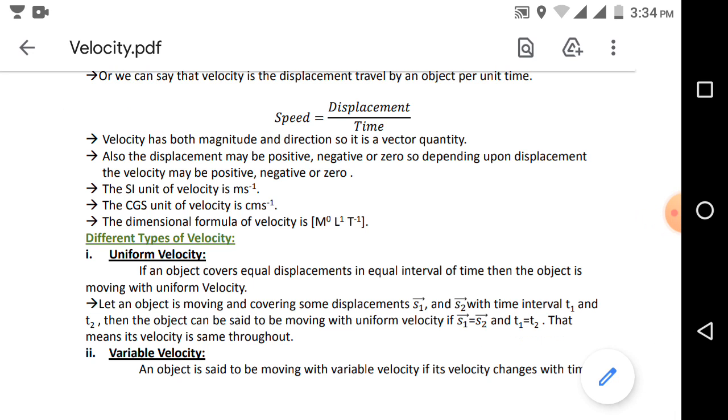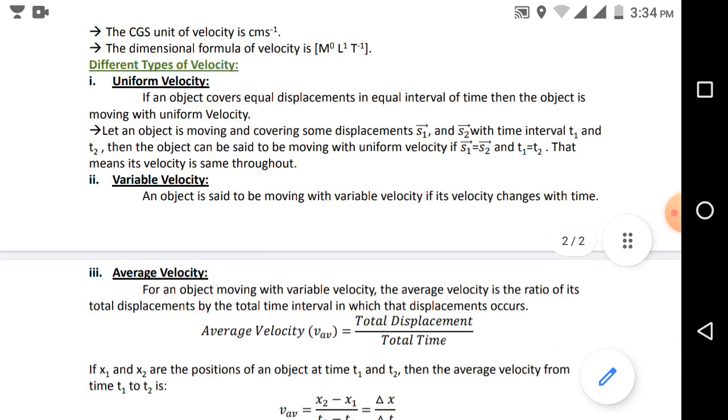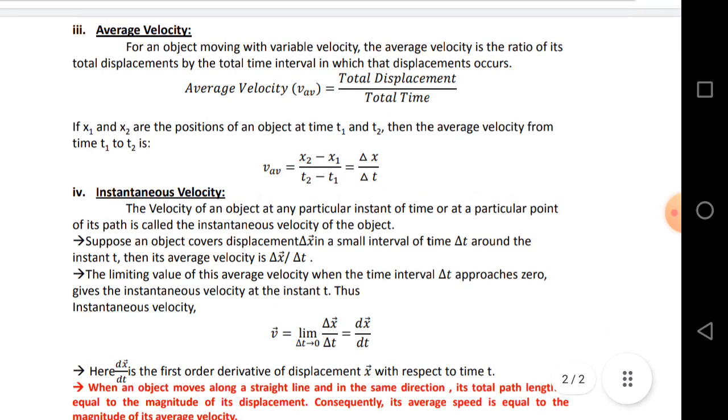Then after variable velocity, average velocity. For an object moving with variable velocity, the average velocity is the ratio of its total displacement to the total time interval in which that displacement occurs.